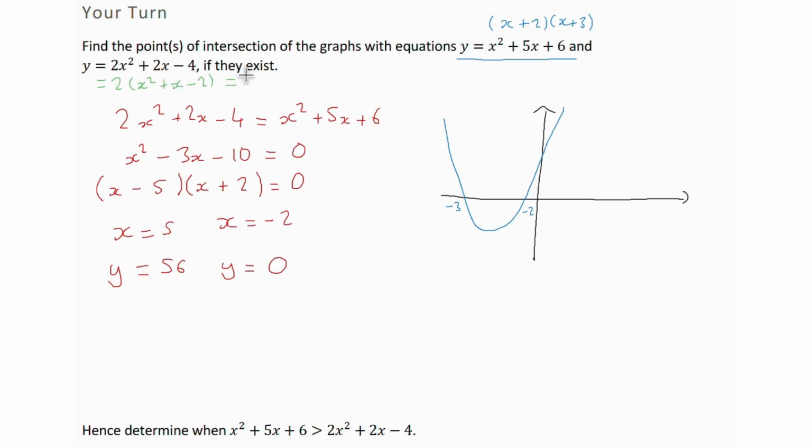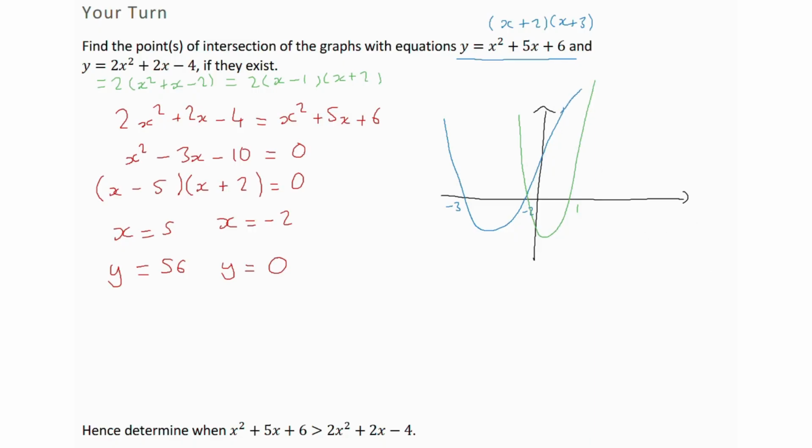That makes it a bit easier. So it's 2x, x, multiplied to give 2, so it's going to be plus 2 and minus 1, which means this one comes down through here and then comes up at plus 1.